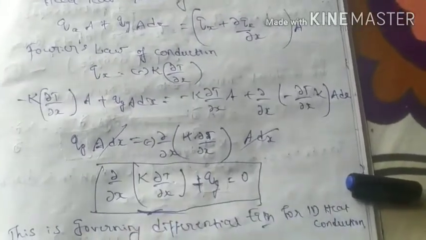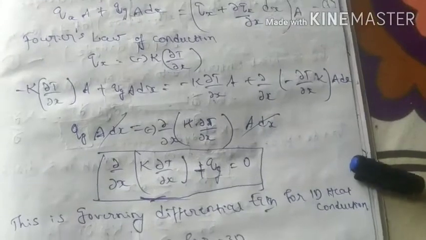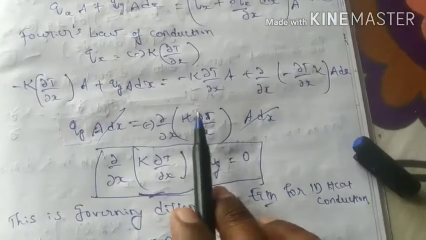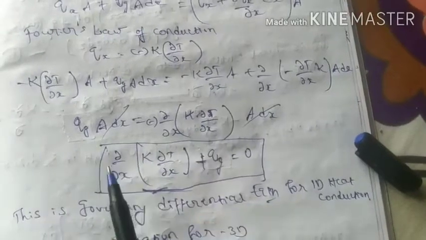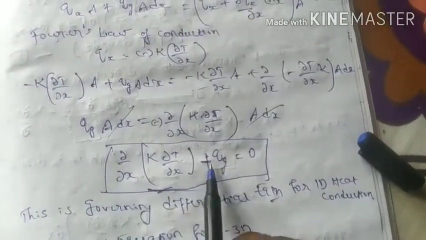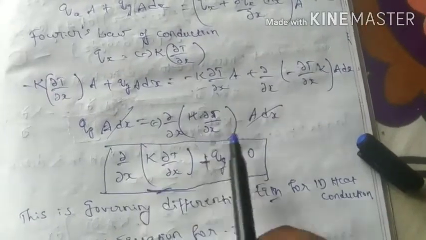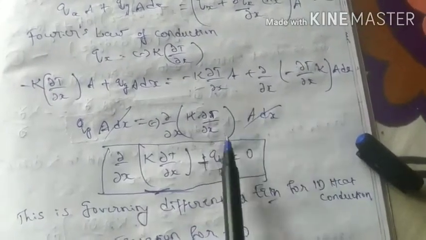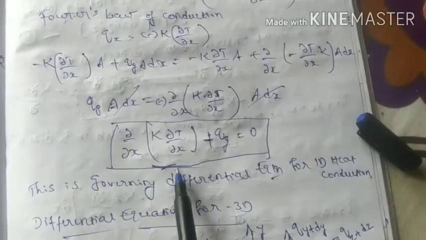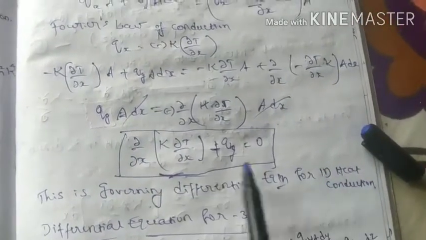Therefore A into dx cancels. You can take this term to this side, so it becomes plus dou by dou x of k into dou t by dou x plus Qg, and on the right hand side what is left? 0. So this is called the governing differential equation for 1D heat conduction.